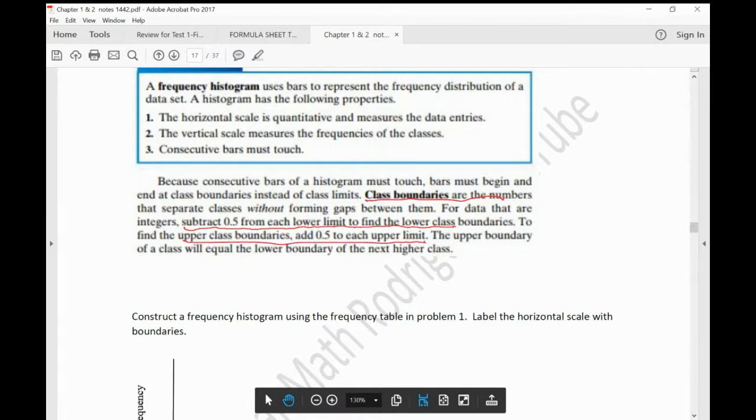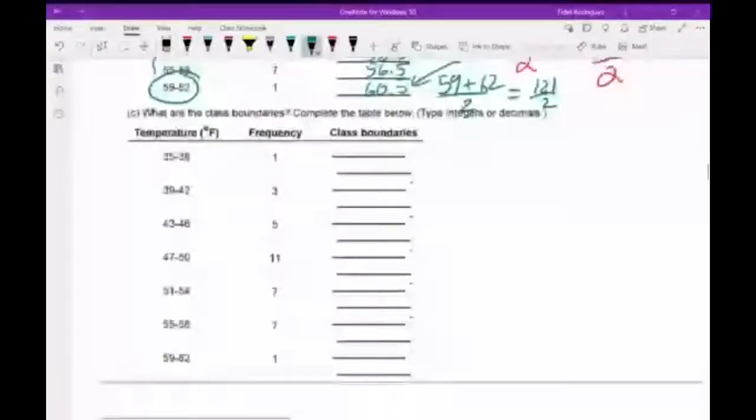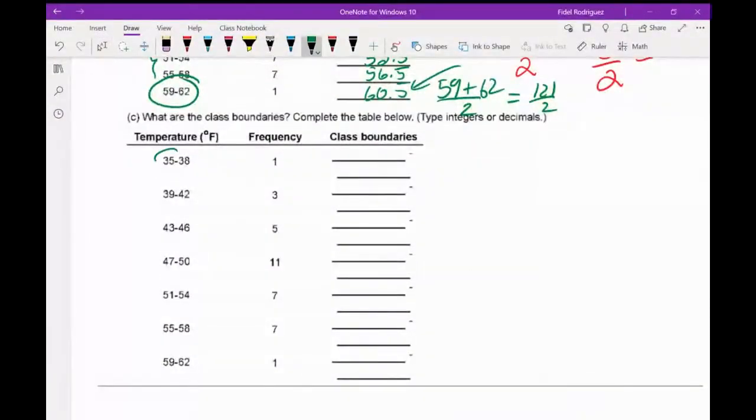Okay, so I'm going to take 0.5 from each of the lower limits, and I'm going to subtract them, and I'm going to add 0.5 to each of the upper limits. So let me stop sharing this piece here, and let me come back to this one here. Okay, so my lower class boundaries, if this is 35, think about it in terms of money.